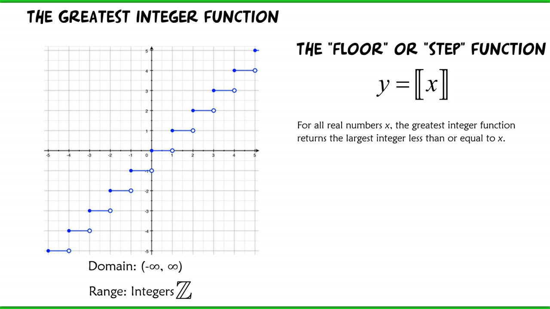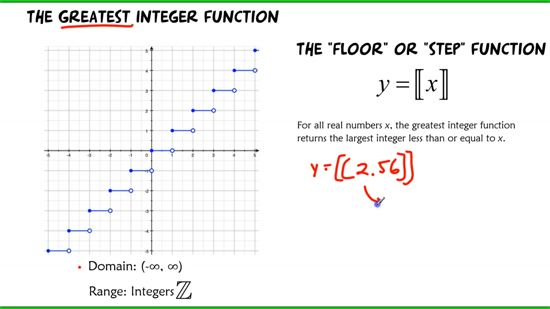Okay, so now the greatest integer function, I think, is kind of a confusing title for it, because what it does is for any real number, so your domain here is all real numbers, you can input something and your output will be the largest integer, I should say, that's less than or equal to x. So let's say I put in 2.56, okay?